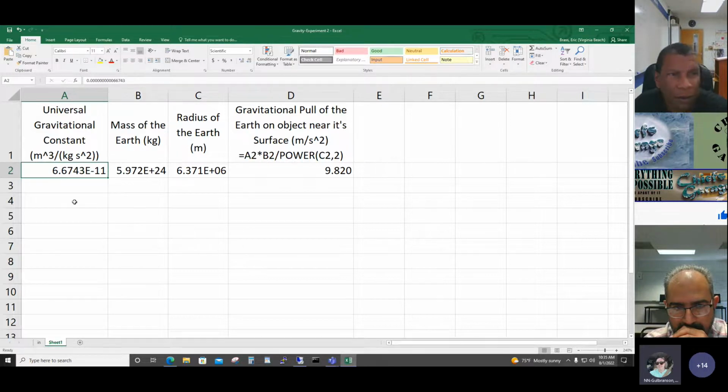Hold on. When I enter in that number, it just drops it to 6.67 E minus 11. So you can select on this and then increase your decimal places. You should have 4 decimal places there. Okay, yep, now it all equals.